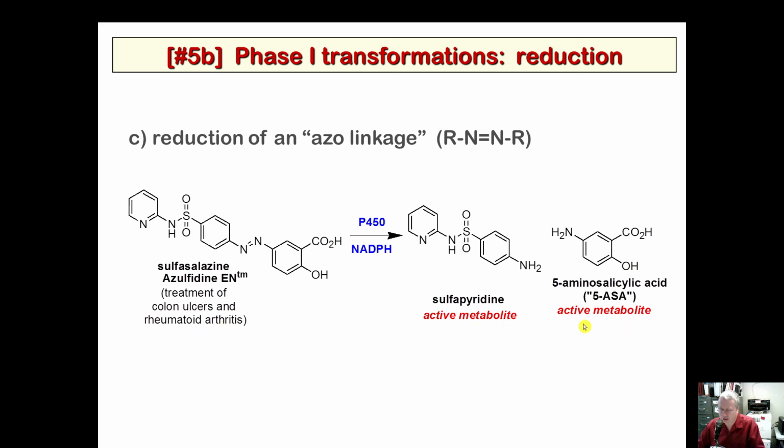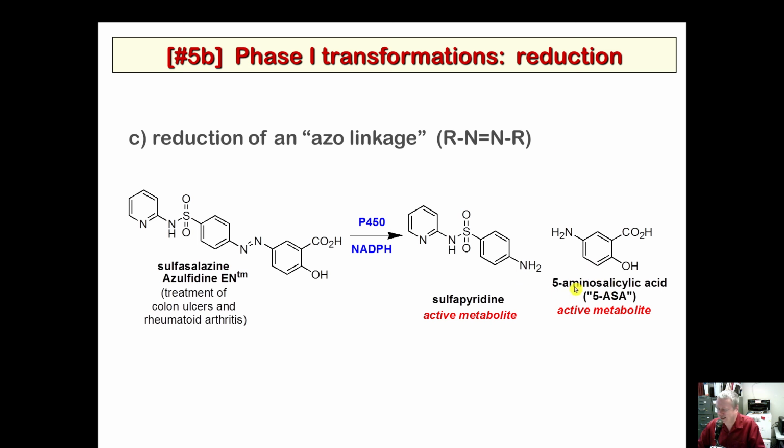These are both anti-inflammatory drugs, and you're delivering two drugs in a single molecule, which is cool, and they are both active metabolites with NSAID activity, cyclooxygenase.